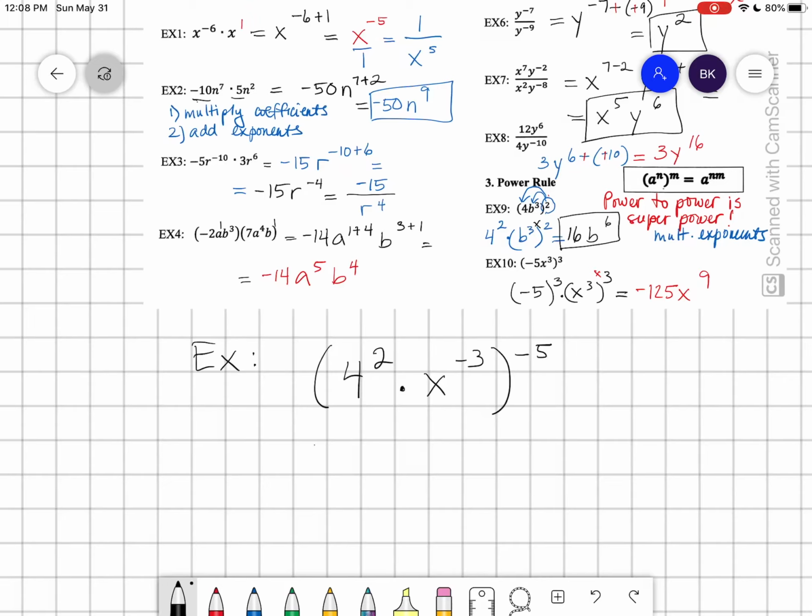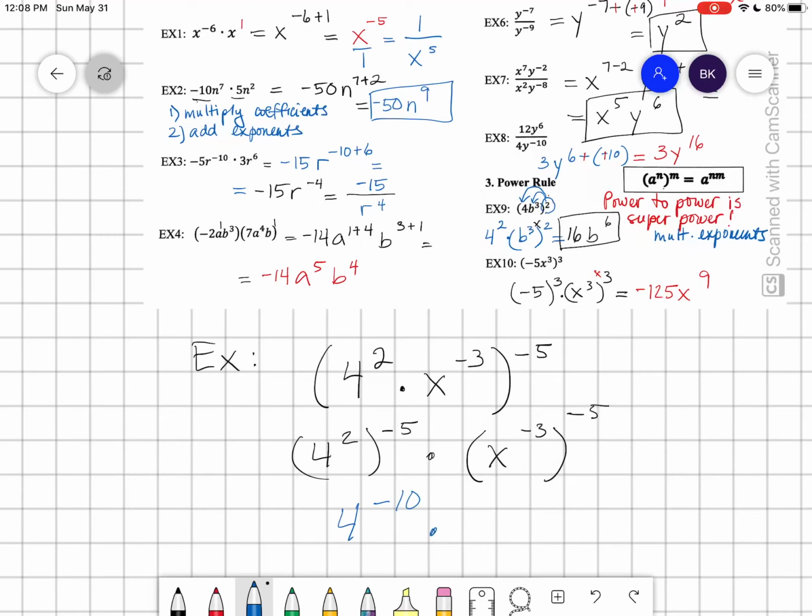We're going to raise 4 to the 2nd to the negative 5th power times x to the negative 3rd power. Okay, going to be raised to the negative 5th power. So power to power, superpower, right? First we're going to multiply the exponents, and then we're going to rewrite everything using positive exponents. So 4 stays. 2 times negative 5 is negative 10.